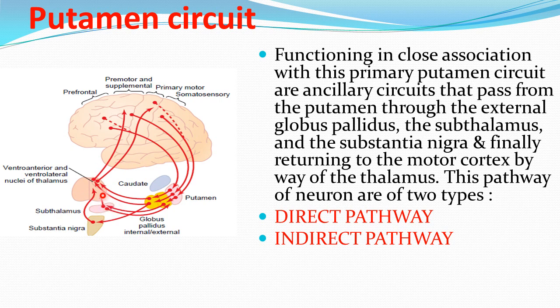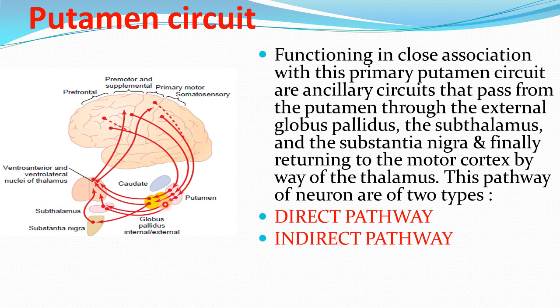From subthalamic nuclei, fiber passes to the thalamus directly, or from globus pallidus externus, it passes to the subthalamic nucleus. From subthalamic nucleus, it passes to the putamen, and from putamen, it passes to the globus pallidus internus, from where it passes to the thalamus.